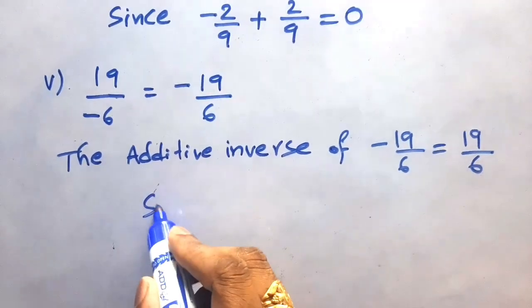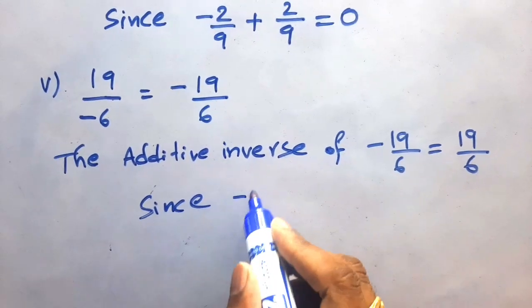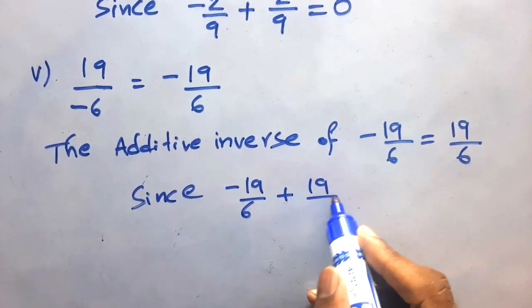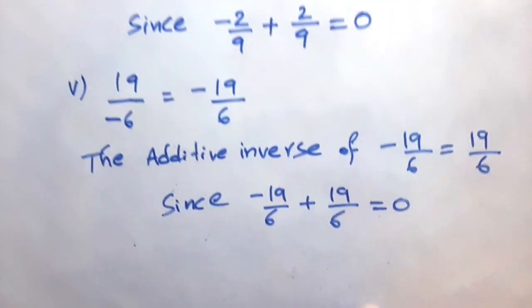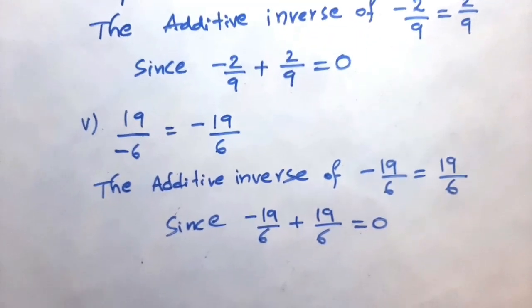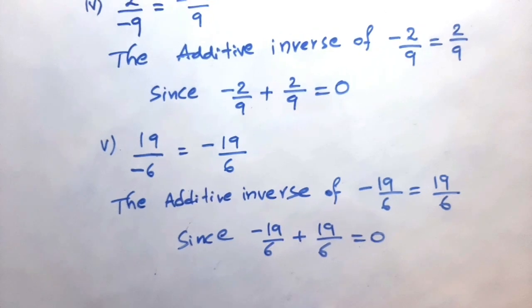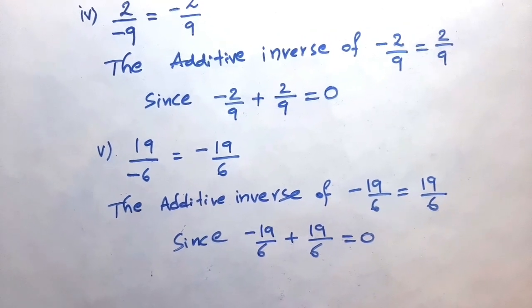So write the reason, minus 19 by 6 plus 19 by 6 is equal to 0. So this is the very easy problem. You can understand easily.